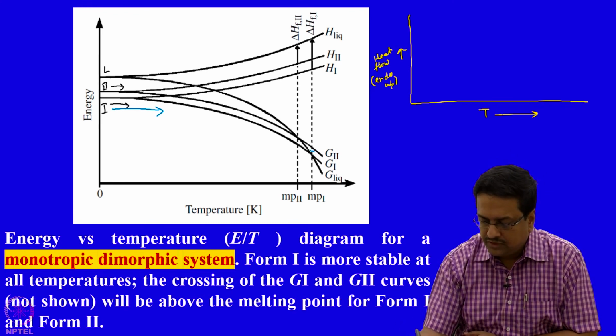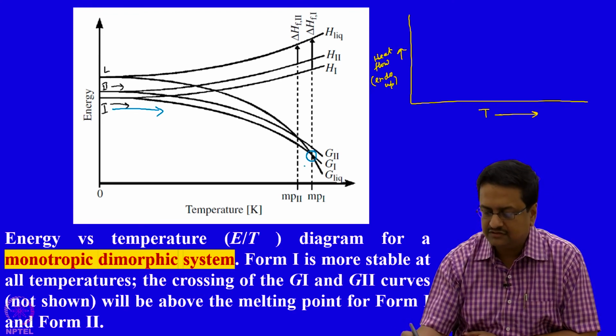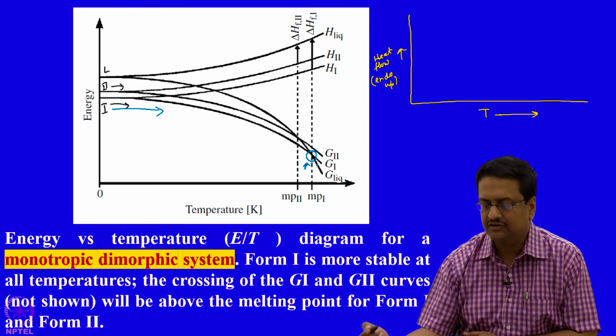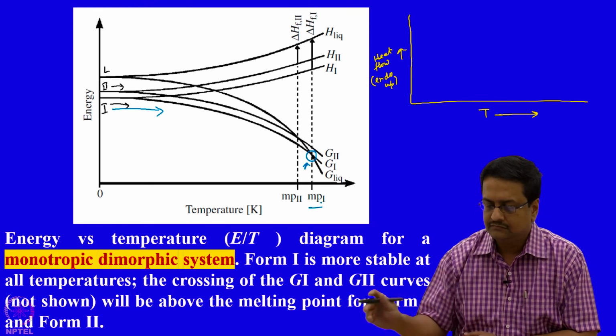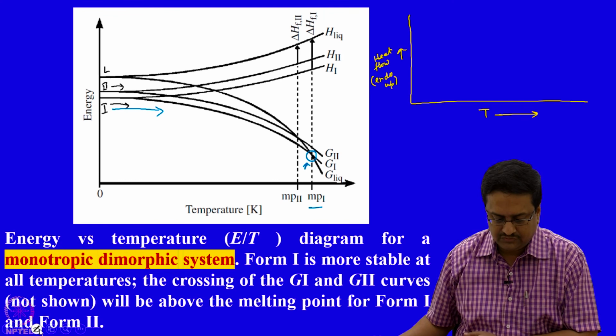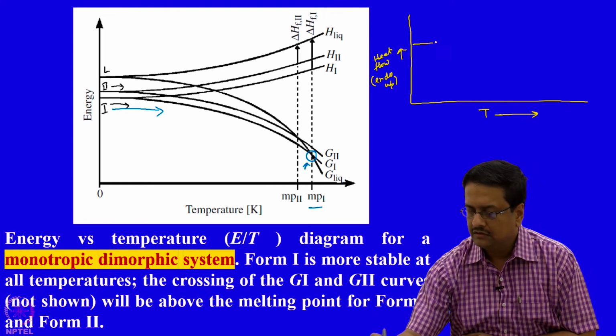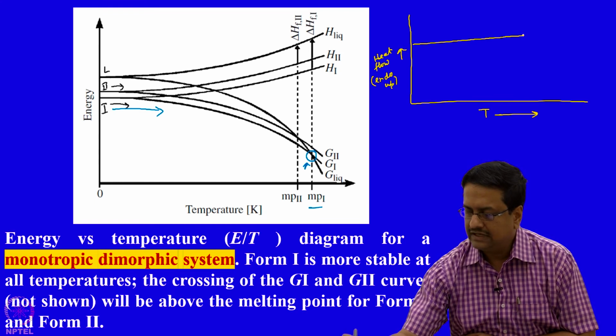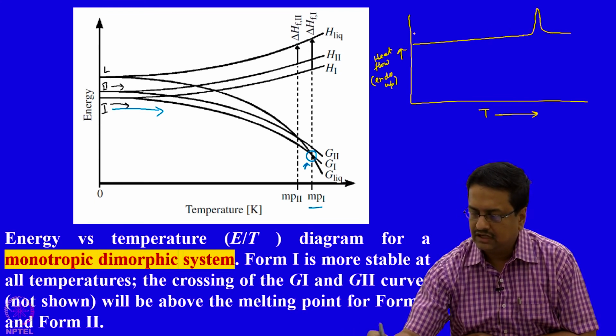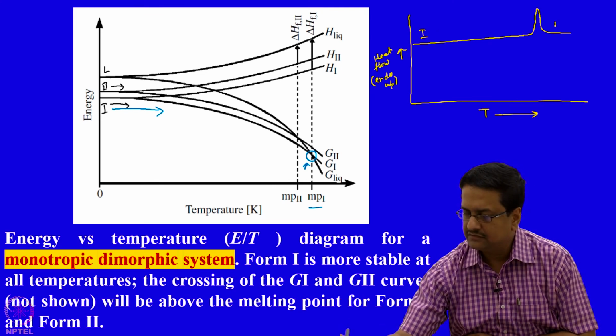So, form 1 melts at this particular temperature, which is the melting point of form 1. So, what happens when we do simple DSC? Form 1 goes and straight away melts at its melting point.